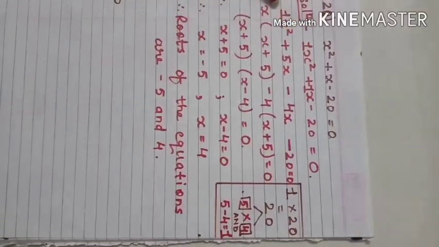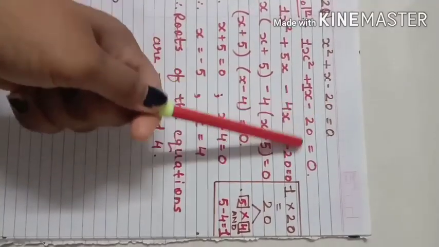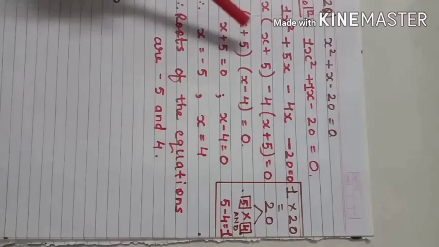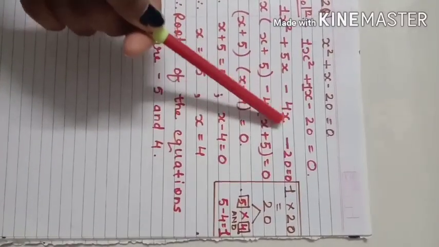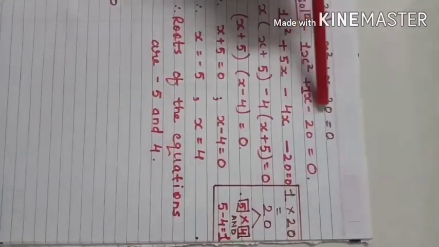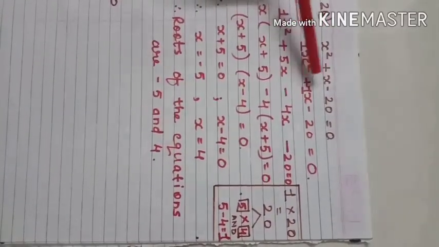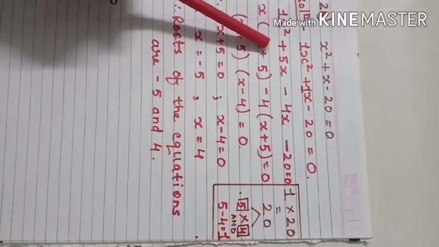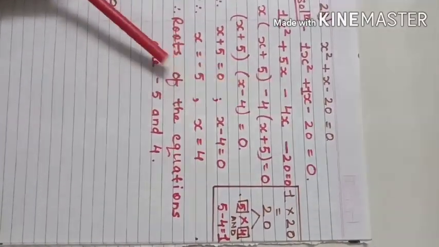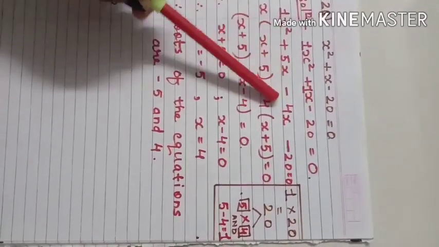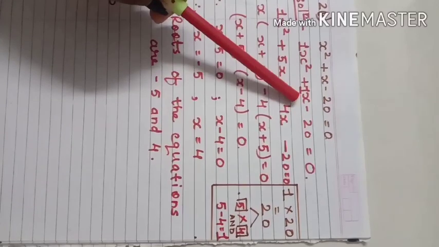I write the first term, then I write the last term also as it is. Now our two numbers, 5 and 4, I have written. For the sign, the middle term sign, that is plus, goes to the bigger number, that is 5. This plus will come here. For this sign, if I substitute minus, then plus 5 minus 4 becomes 1. That's what I wanted.